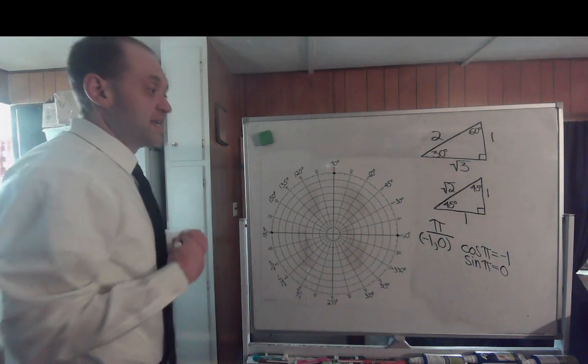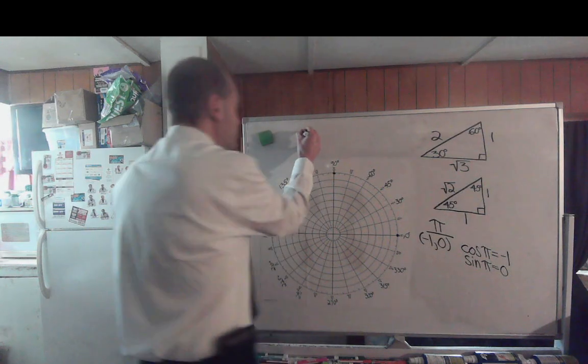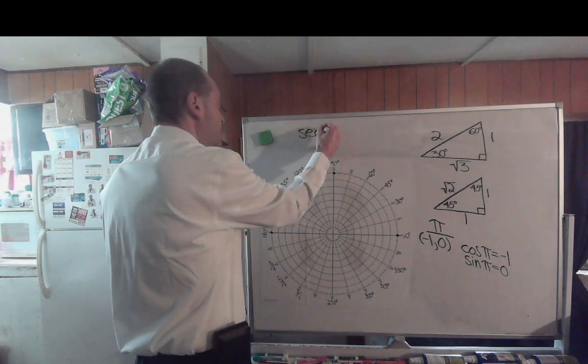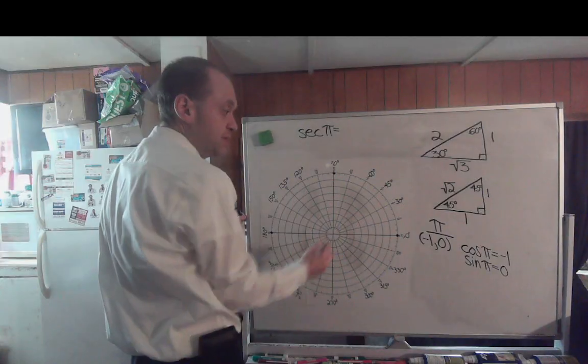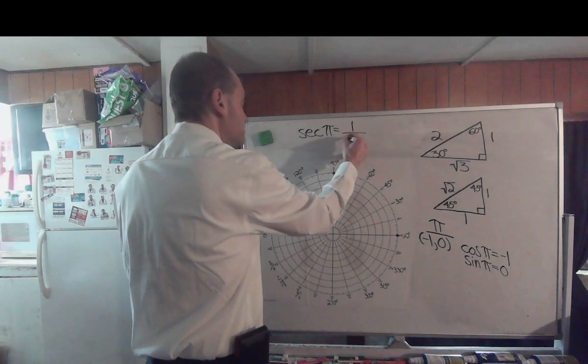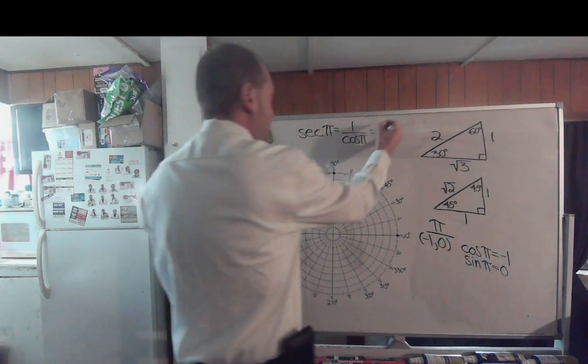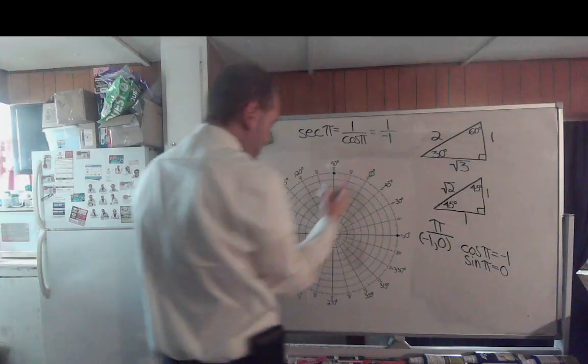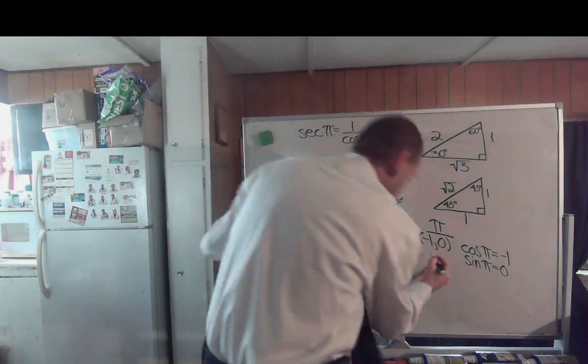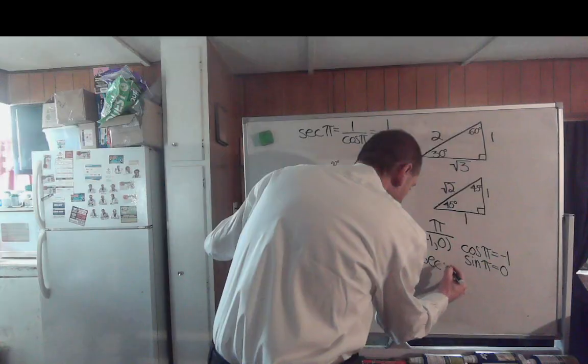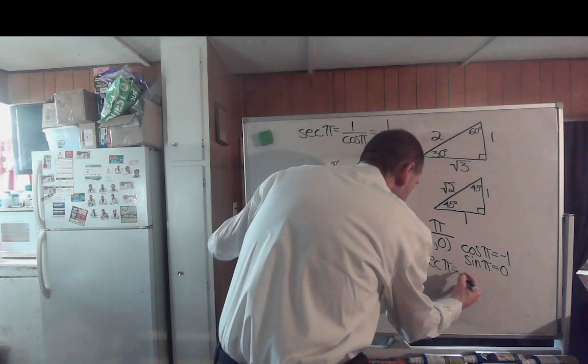So now let's get into the secant of pi. So the secant of pi, that would be the same as 1 over the cosine of pi, which is going to end up being 1 divided by -1, which means the secant of pi is simply -1.